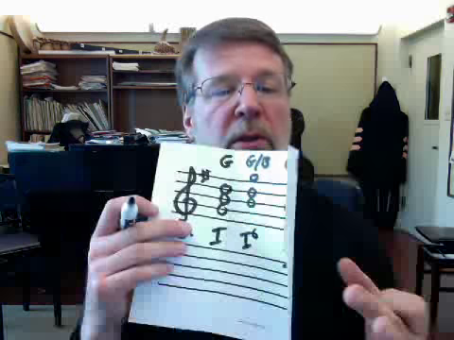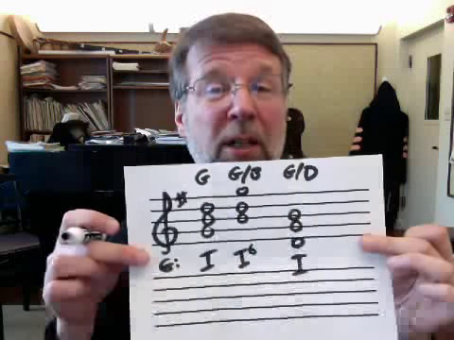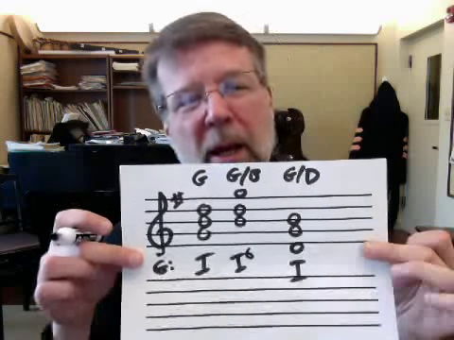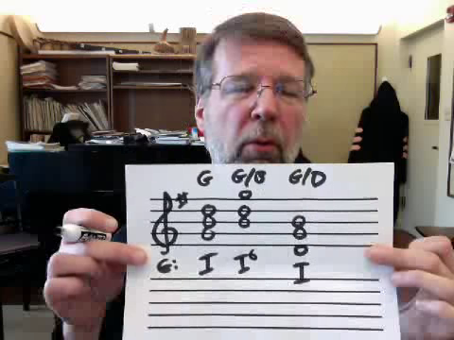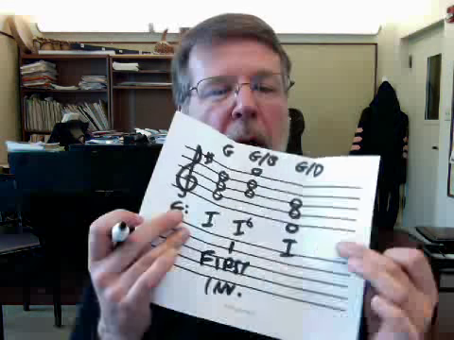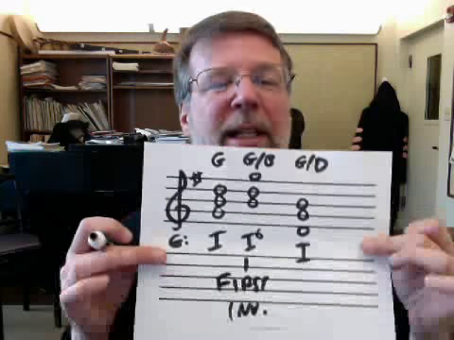Okay? So we say it's a 1/6 chord. I know that's a little complicated, but that's how we do it. So a 6 means first inversion. All right? I'm going to write that down. First inversion. All right? Put a little 6.